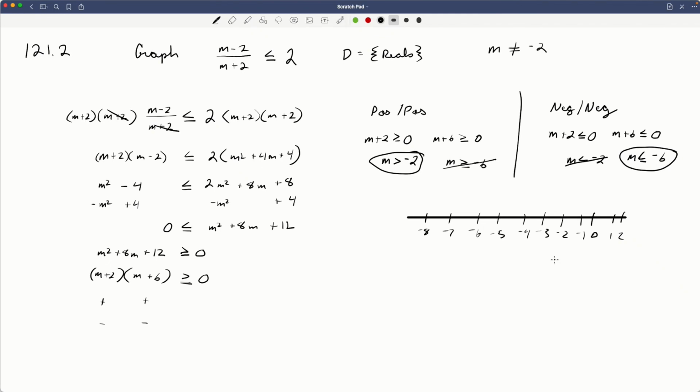So m is greater than -2, it can't be equal to -2, so we're going to circle it. I always forget to change the color. I'm going to circle the -2, and we're going to go off in that direction. And we're going to circle and fill in the -6 and go off in this direction. All right, and that's how we would solve that set.